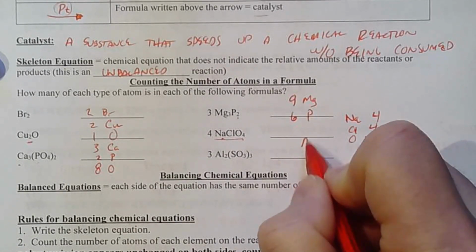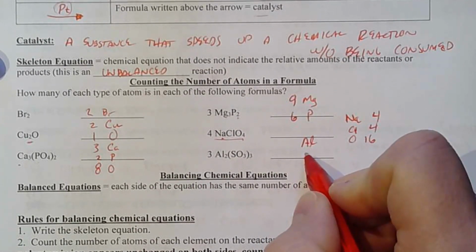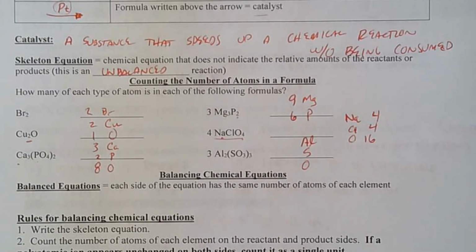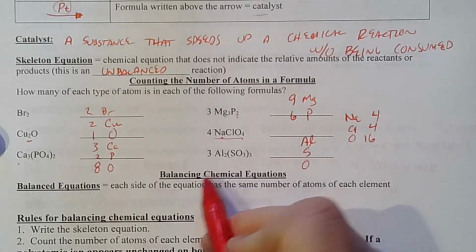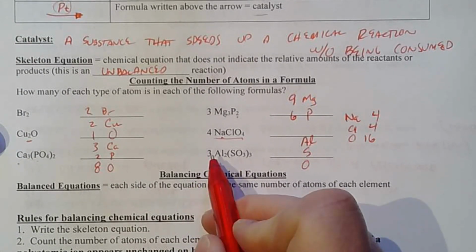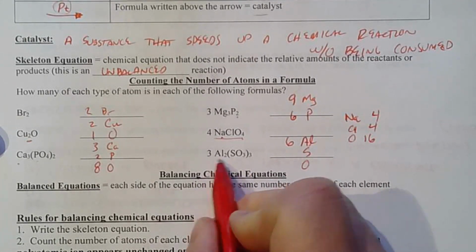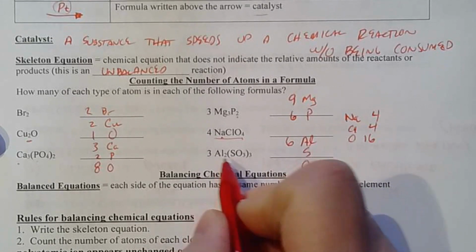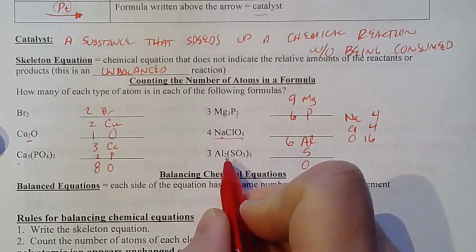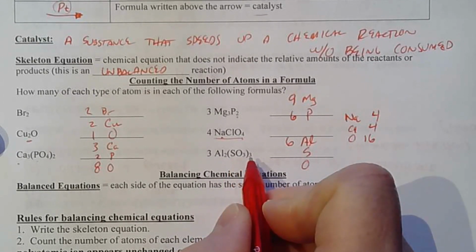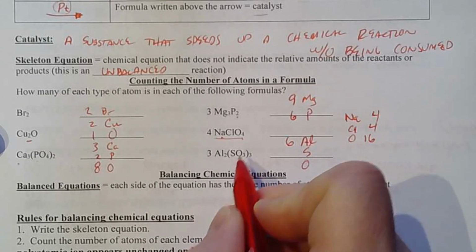In our last example, aluminum sulfite has 3 elements present. If I've got 3 aluminum sulfite, that represents 3 times 2, or 6 aluminum. And here's where it gets a little bit trickier: you've got 3 aluminum sulfites, and in each particle, you've got 3 sulfites.